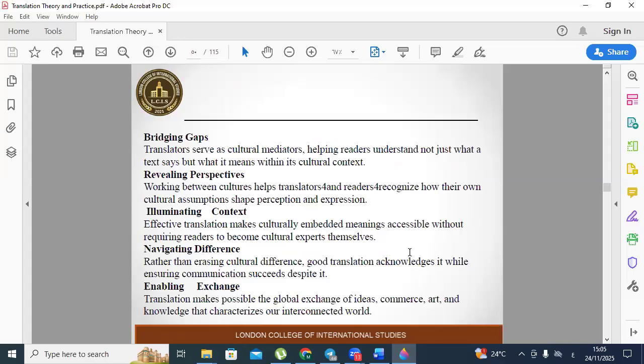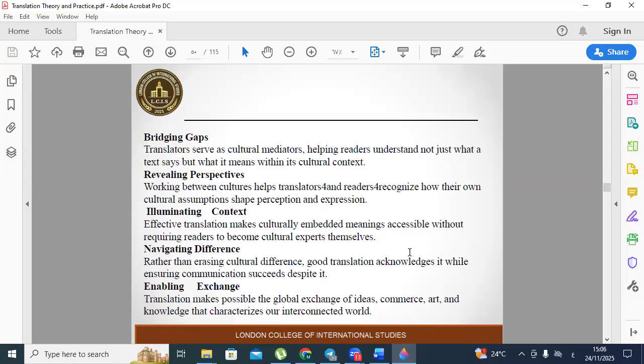Bridging gaps. Translators serve as cultural mediators, helping readers understand not just what a text says, but what it means within its cultural context, revealing perspectives. Working between cultures helps translators and readers recognize how their own cultural assumptions shape perception and expression.